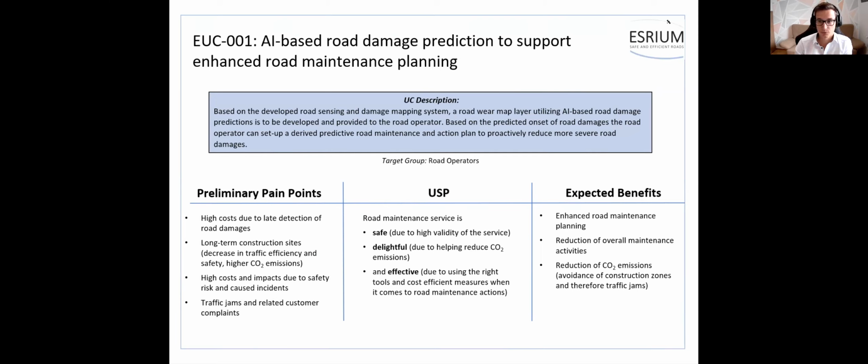And Esrium services therefore improve the safety, effectiveness, and environmental footprint of road maintenance by identifying these kinds of road damages early and taking preventive actions sooner. This in turn reduces the average duration of roadworks, decreases congestion and CO2 emissions, and reduces the cost of road maintenance.